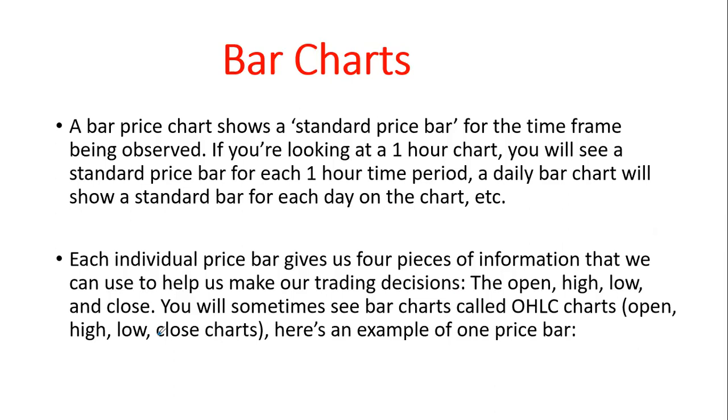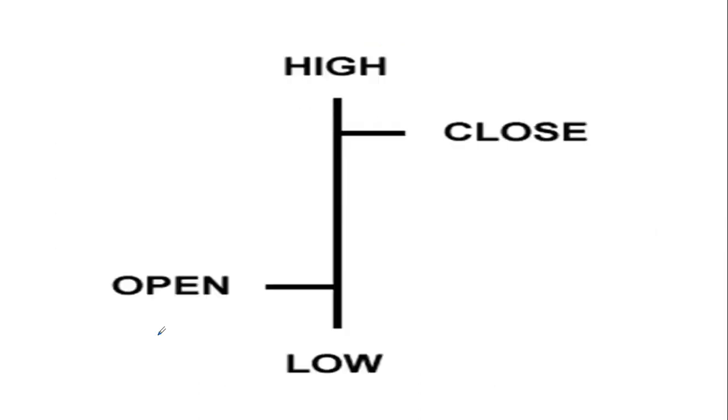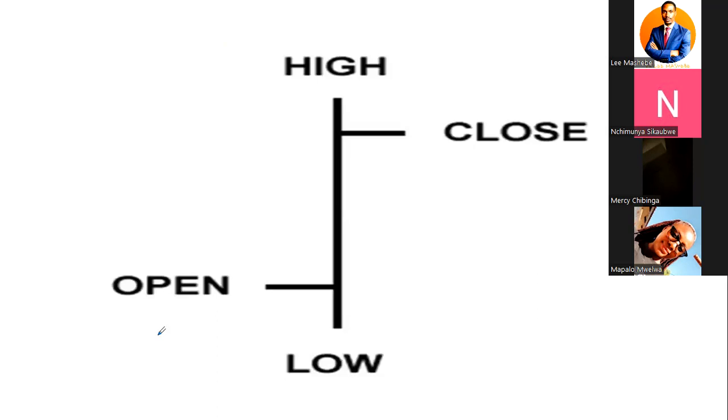Now, the advantage of the bar chart is that it has got this kind of a structure, which is different from the candlestick charts, and different from the line chart. Okay. Now, this is how the bar chart looks like.